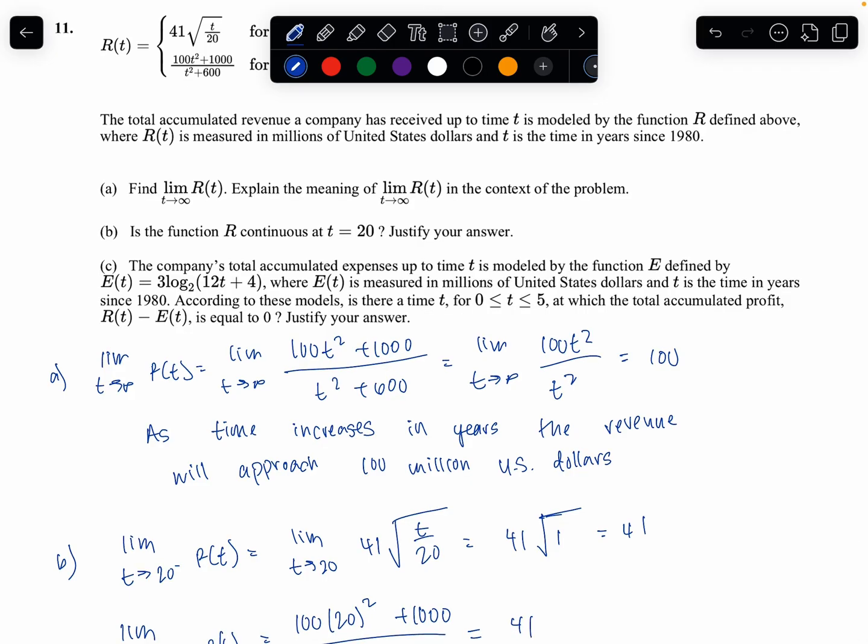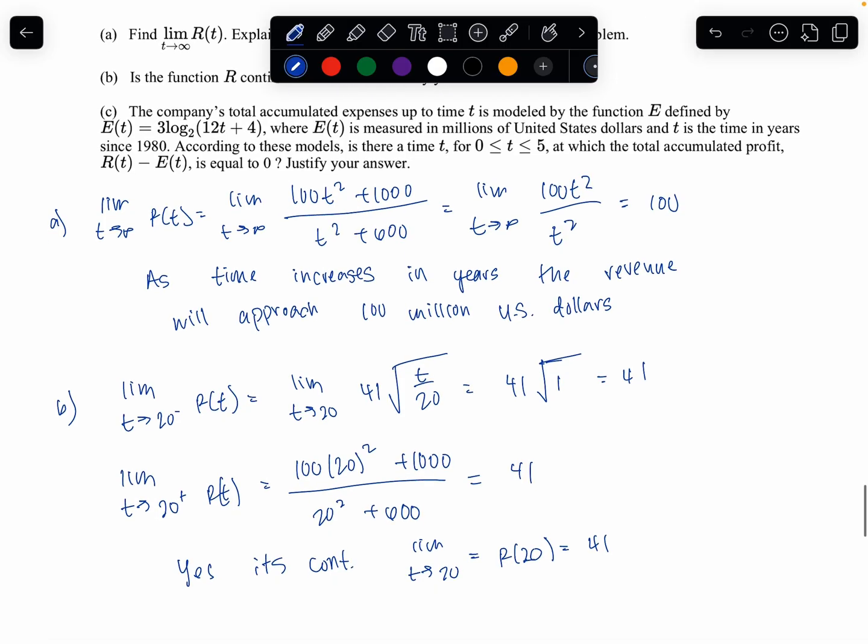And then for c, what the heck? The company's total accumulated expenses up to time t is modeled by this function E, where E of t is measured in millions of US dollars. So this is expenses. According to those models, is there a time t from 0 to 5 at which the total accumulated profit R of t minus E of t is equal to 0?